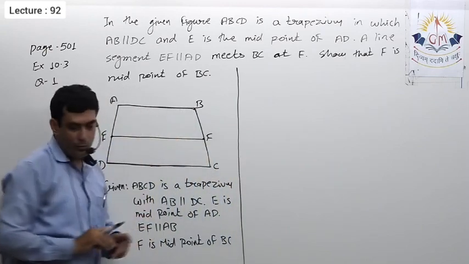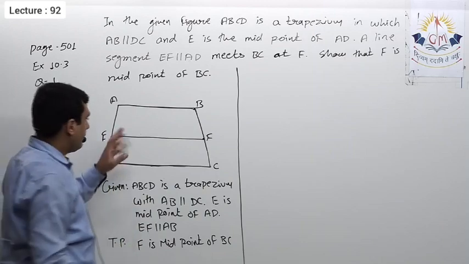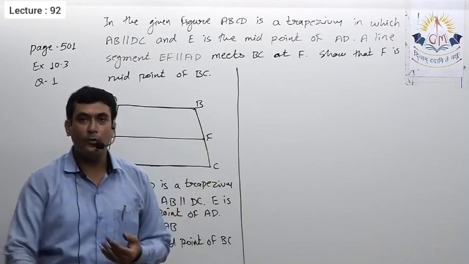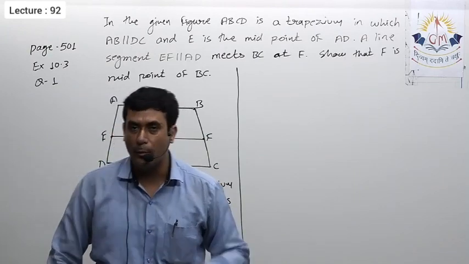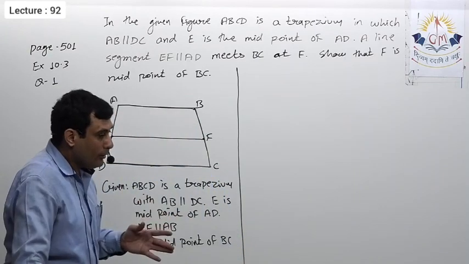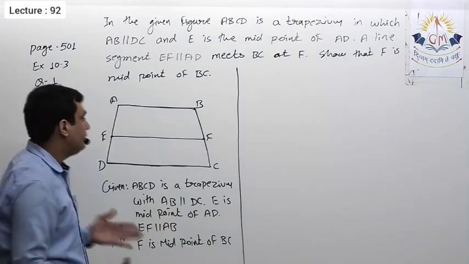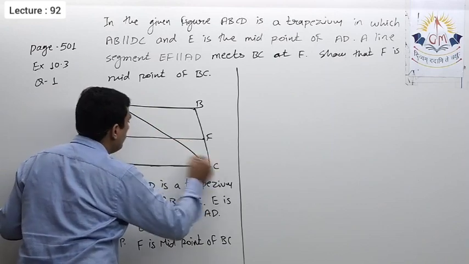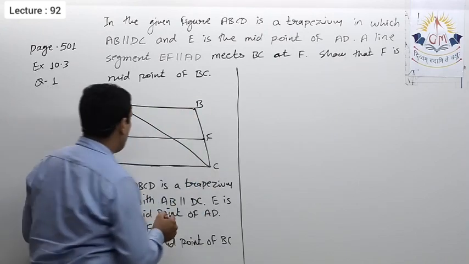See how to get to know where construction is required. Midpoint is given, midpoint we have to prove. That means it is quite possible that we have to apply the midpoint theorem. Now midpoint theorem we can apply only in the triangle. So that's why I am joining AC, so that I can get two triangles. Even if you join BD, that is also okay.